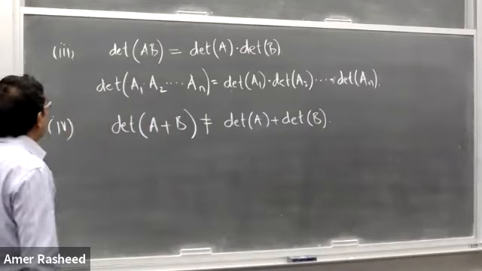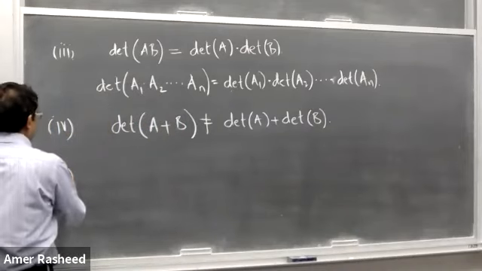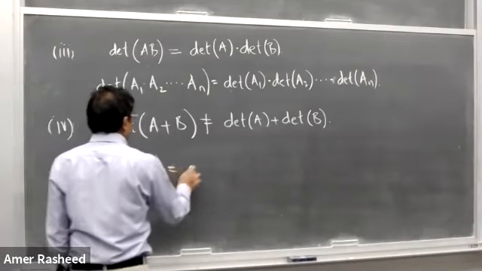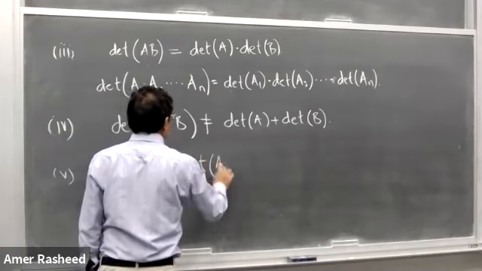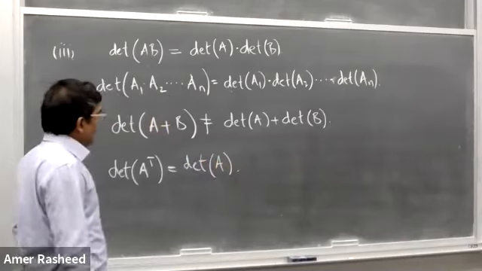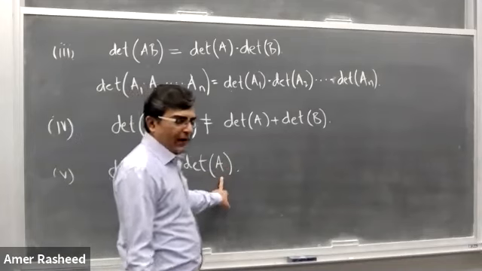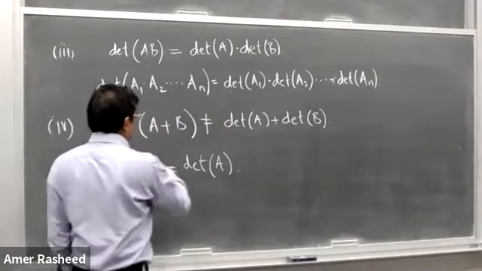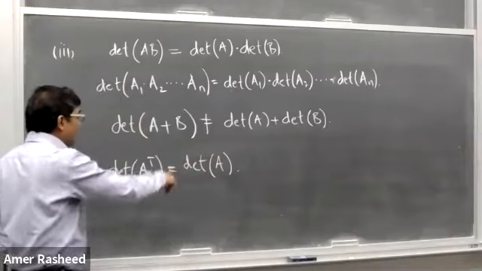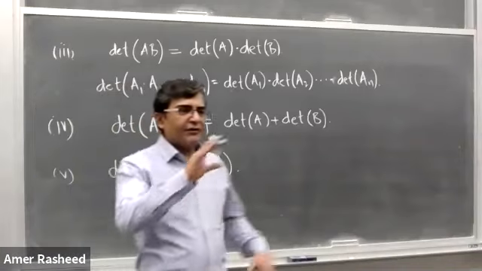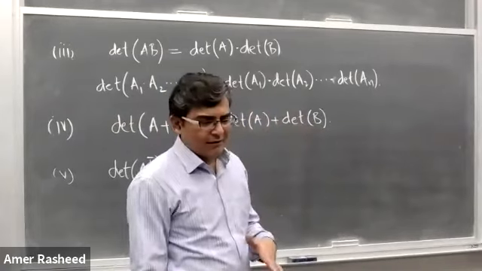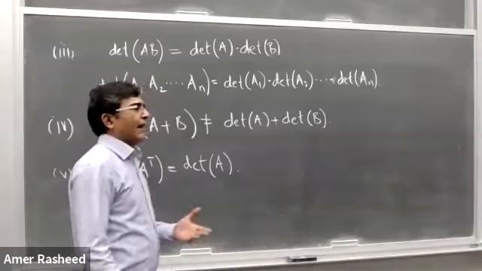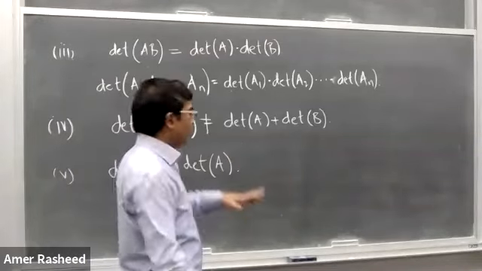Remember this. And I told you another property: the determinant of A transpose is equal to the determinant of A. What this property tells us is that the elementary row operations which we apply on A, because the determinant of the transpose of a matrix is equal to the determinant of A, it means that if we interchange the rows into columns and again apply the elementary row operation, it is equivalent to applying the elementary column operations on the original matrix.